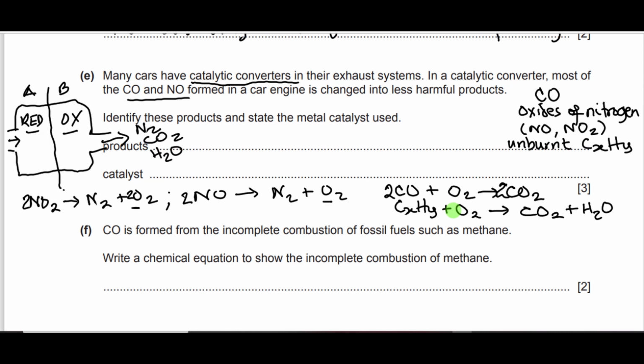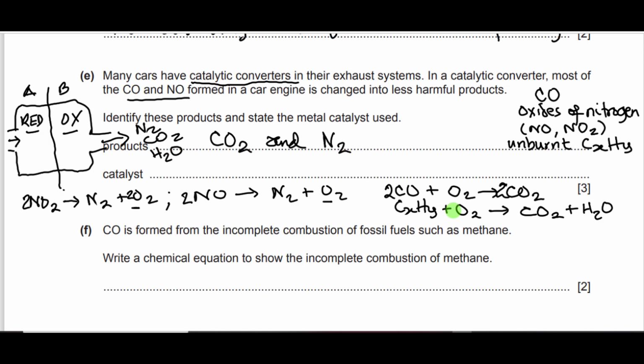The CO would be converted to CO2, or carbon dioxide. Since we are told to identify, not to name, the formula will be okay: CO2 and nitrogen gas. Or if you like, you can write out the names: carbon dioxide, carbon 4 oxide, and nitrogen gas. Those are the less harmful products.